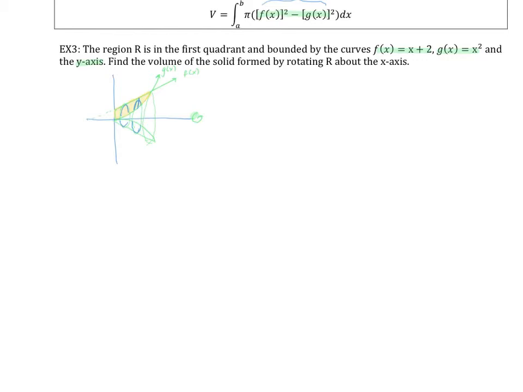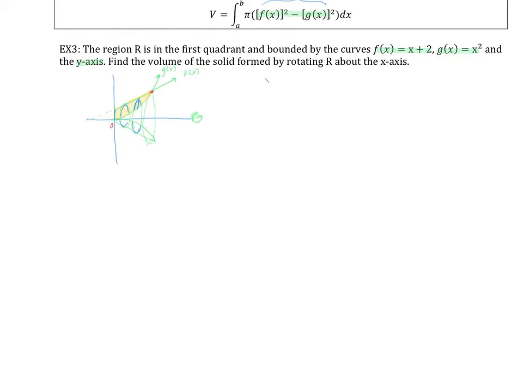I'm not given limits of integration. I know it's in the first quadrant, so I know I'm going to be starting at x equal to 0. To figure out where my limit of integration ends, I have to figure out the intersection between these two functions.